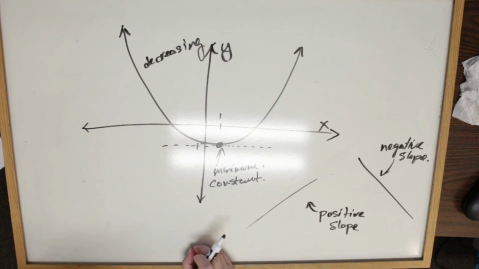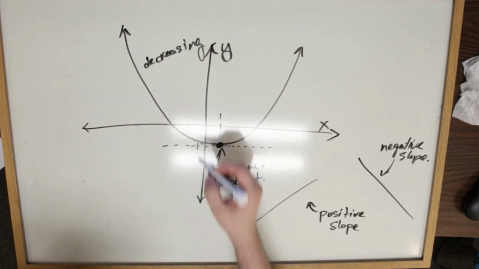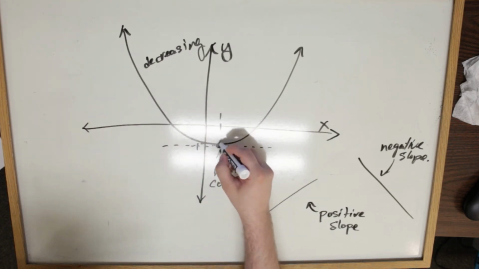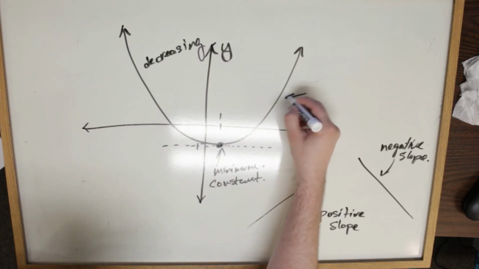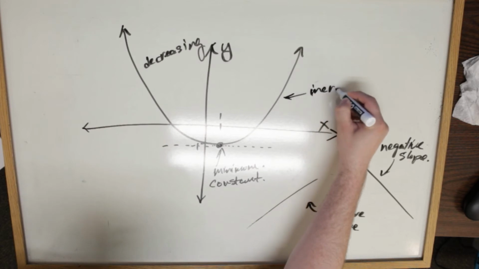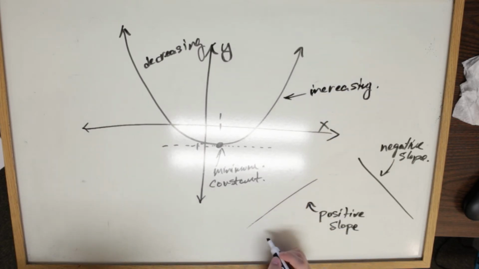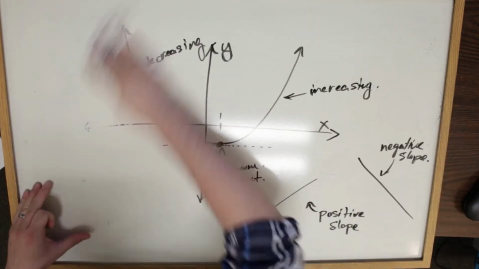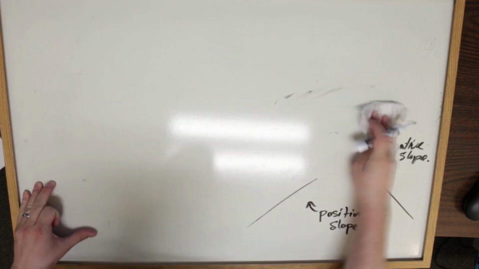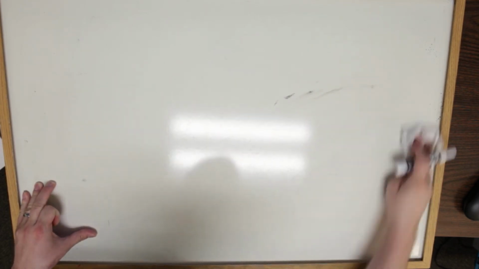And what that means is it's a constant slope. So it's going to be decreasing up to this point, then it's going to be constant here, and then it's going to be increasing. This function is going to be increasing everywhere else. Okay? So that's kind of the idea with increasing and decreasing. And again, maybe we'll go through an example as I jump into some of the problems.